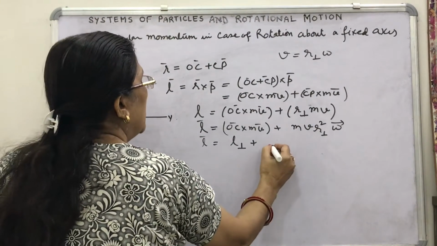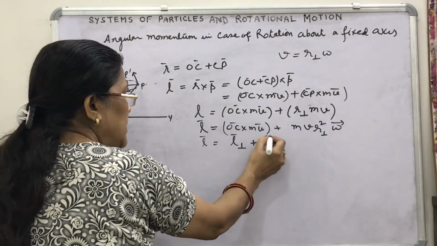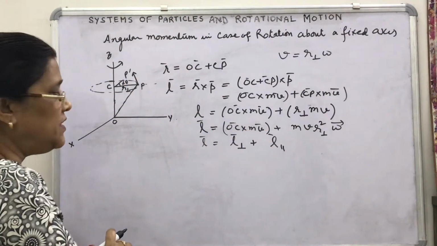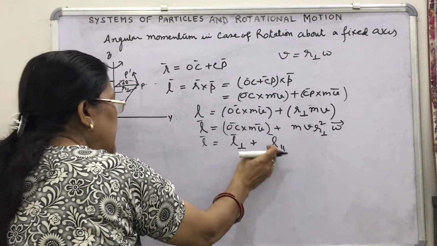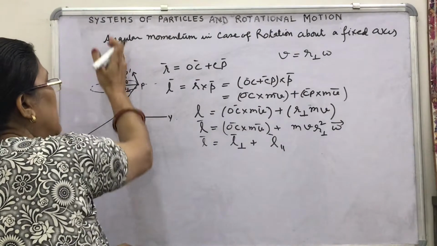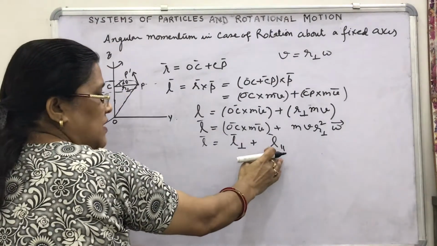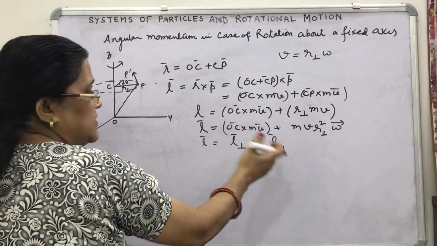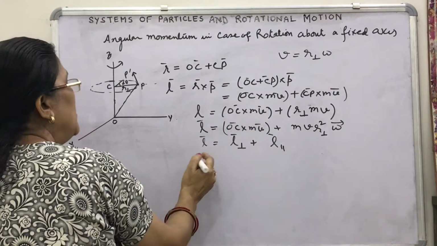This is L parallel. For the particle, we have seen this L parallel, that is the momentum along the axis which is the rotational axis Z. This L parallel is written as LZ also, because it is along the Z axis, the rotational axis.